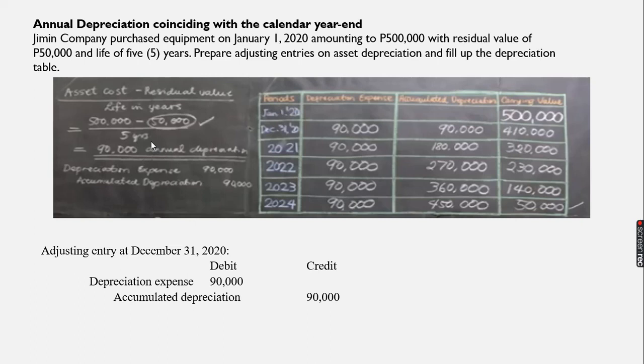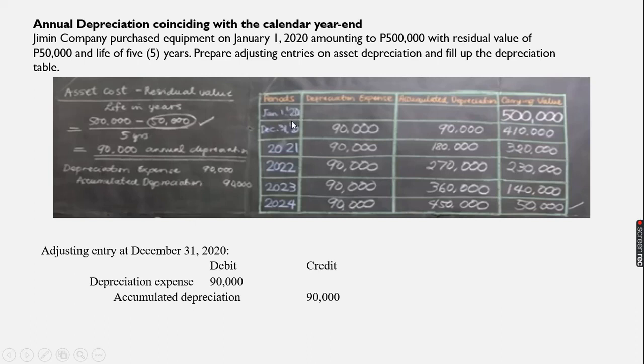So, makukuha natin ang annual depreciation niya is 90,000. So, ang adjusting entry mo sa December 31, 2020 is depreciation expense worth 90,000 and accumulated depreciation is 90,000 sa credit. Okay? O, ito yung table natin.